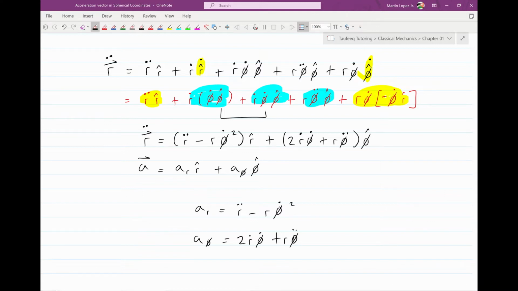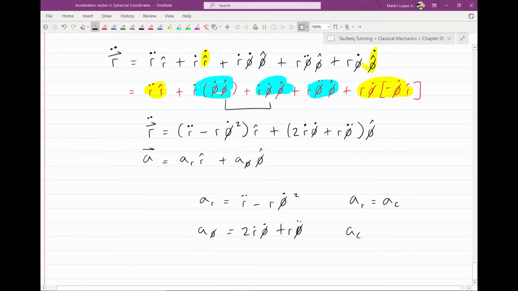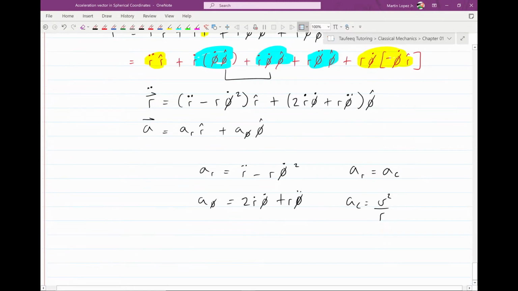Now, so we have radial acceleration and we have tangential acceleration. Now, radial acceleration is also known as the centripetal acceleration from introductory physics, AC. And if we think about what was the centripetal acceleration, remember that was v squared over r. Okay, when you're rotating and it's accelerating in the rotational direction, then you have this centripetal acceleration that we call it. Okay, how does v squared over r equal r phi dot squared?